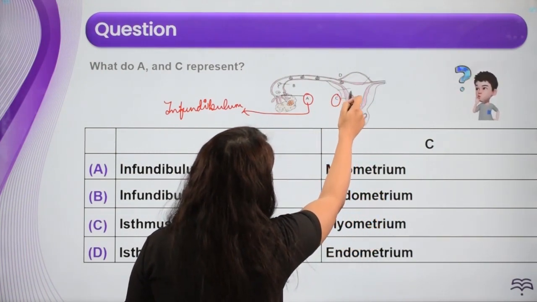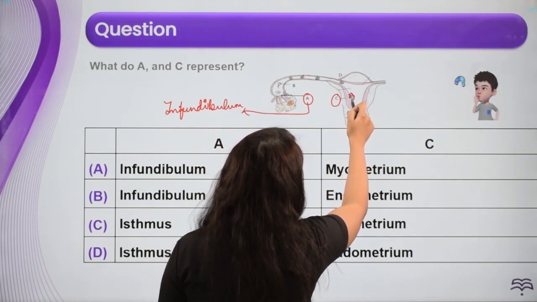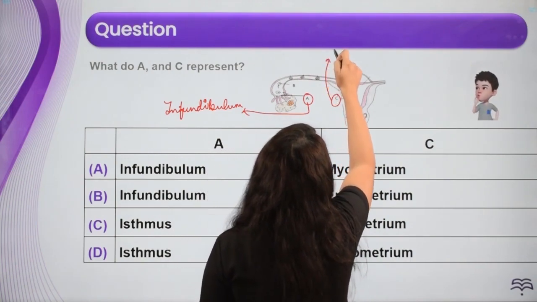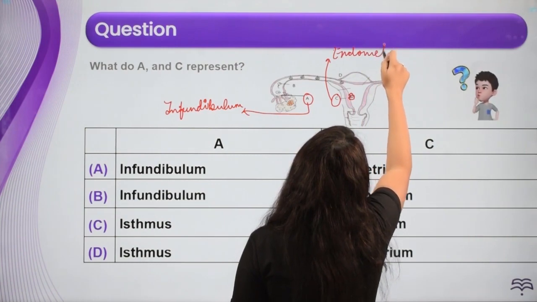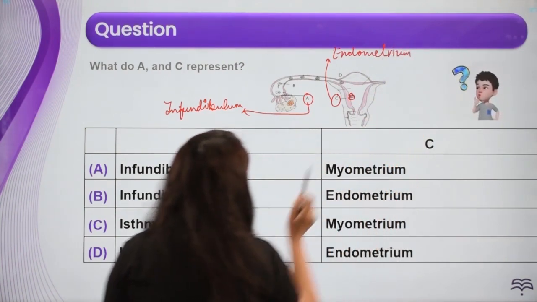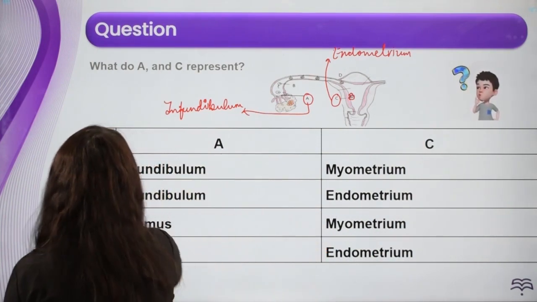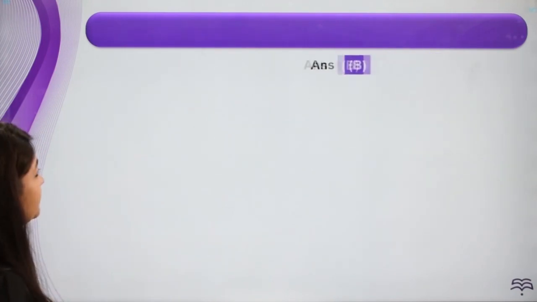If you look at C, implantation is happening here, right? So C will be endometrium. Let's find the answer. A is infundibulum, C is endometrium. B is going to be the answer.